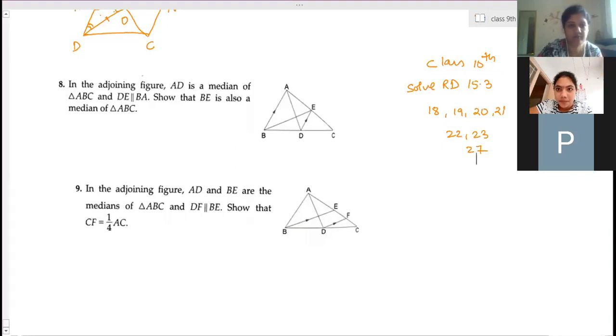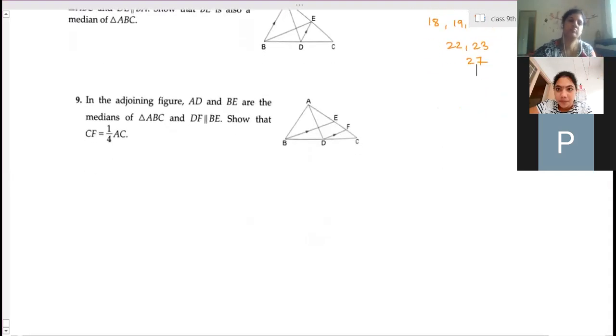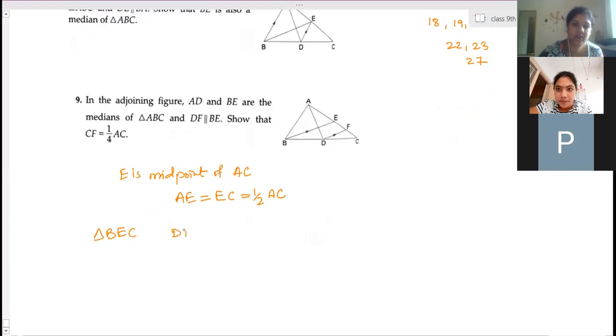Yes. E is midpoint of AC. So therefore AE is equal to EC, half of AC. Then triangle BEC, DF parallel to BE. D is midpoint of BC.